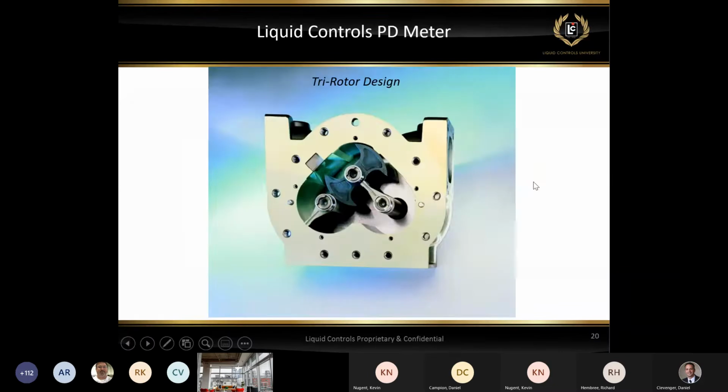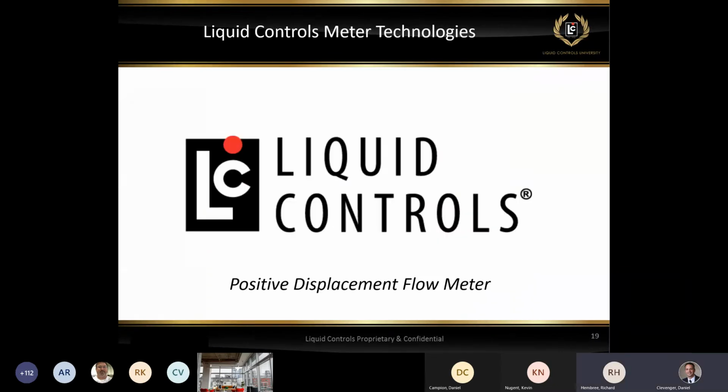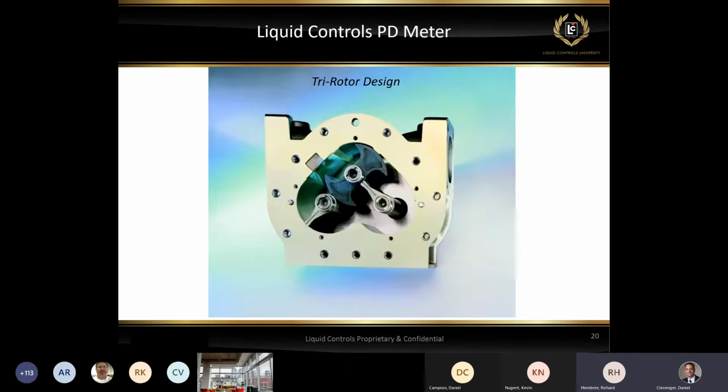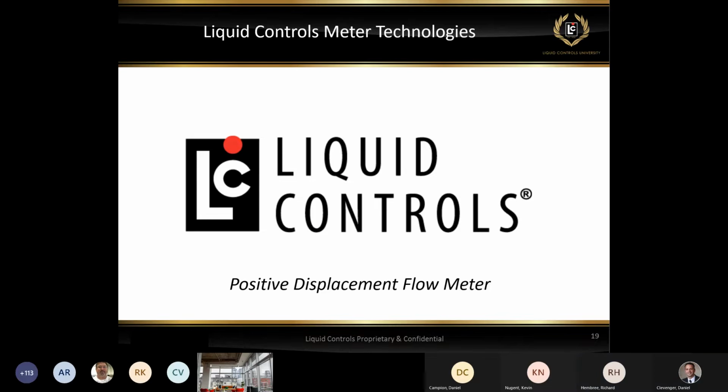I had turned it over to Kevin, so I'm going to load it back up. Kevin was actually driving that last one. All right. Okay, see it now? Good? Yeah, thanks, sir. Okay, ready, Dan? Yep, all set. Okay.